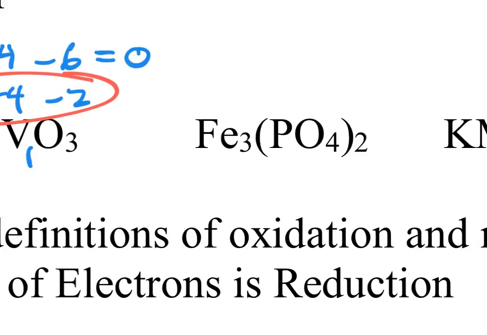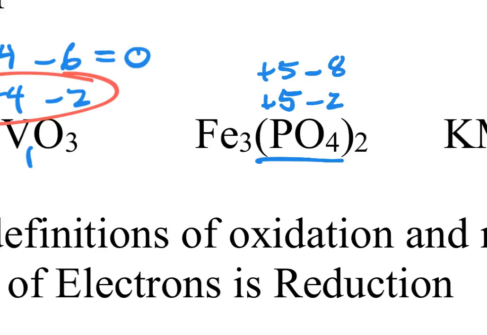Iron phosphate. So each oxygen is -2. So there's 4 oxygens in the PO4, and so that brings a total of -8. Then we have the phosphorus. And so now we've got to be careful here, right? Because PO4 has an overall charge. Each PO4 is going to have a 3- charge. So that must mean that the phosphorus is +5, because my total charge of the PO4 just taken by itself is -3, okay?